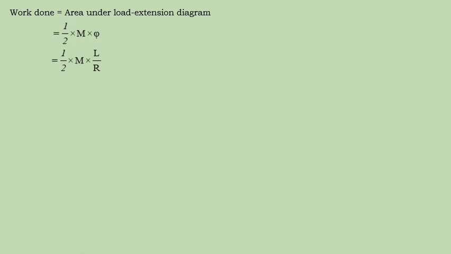From the previous diagram, we have length L, so L can be written as phi into R. Therefore phi can be written as L by R.